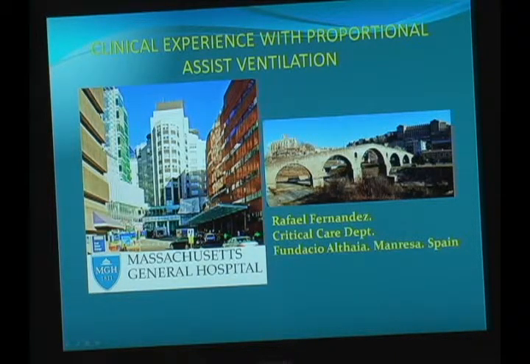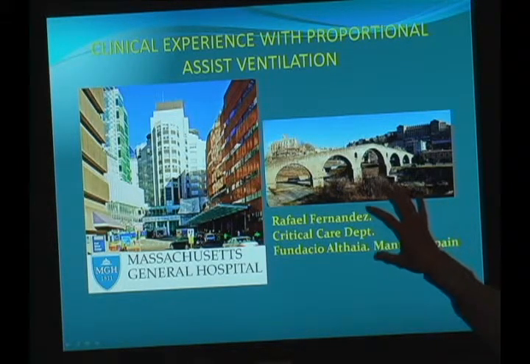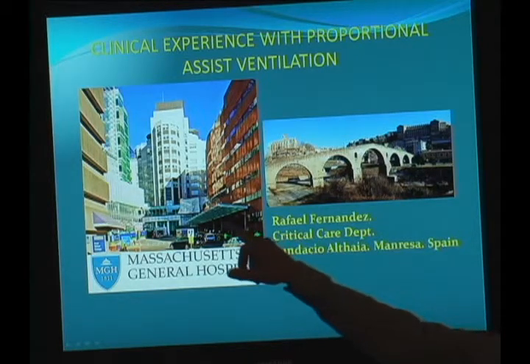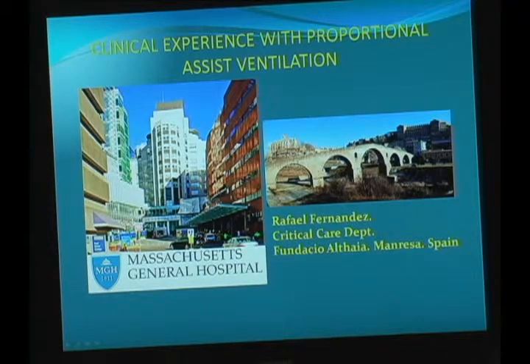I also want to thank Bob for his kind invitation to share with you some of our experiences along this year. And I have to explain that for us, coming from this little town outside of Spain to here, reminds me of my first times in medical school, when we started to learn that there is a place like that that appears in the most famous journal of medicine around the world.